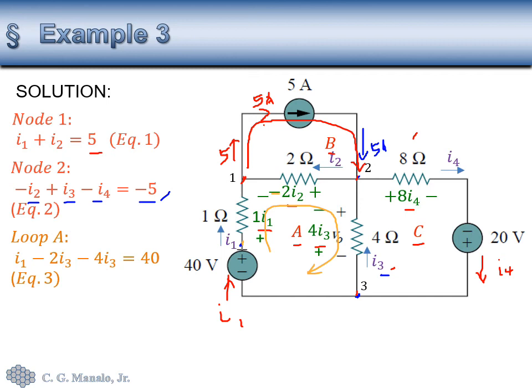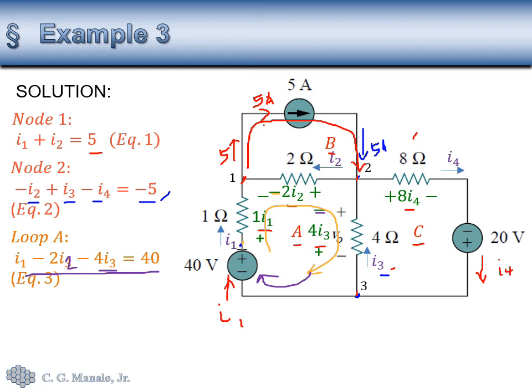Sorry, this should be I2 here. And then for 4 ohms, that will be negative 4I3. And then minus 40 once we go to the 40 volts. So minus 40 volts, or we transfer that again to the other side of the equation. So we'll get this equation.